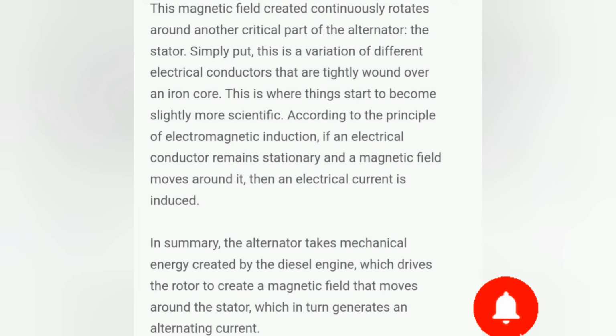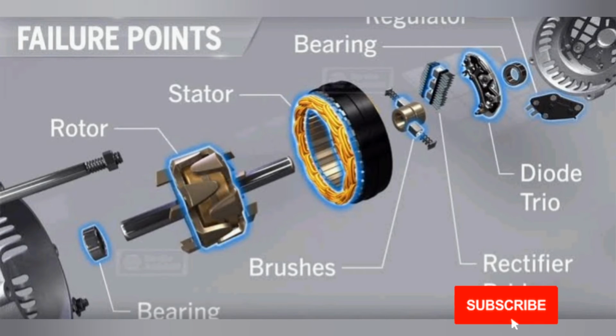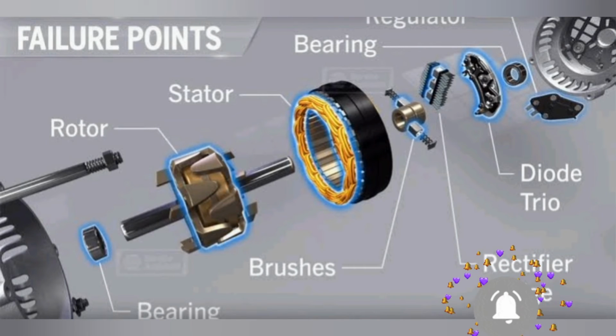Due to this iron core, the magnetic field induces current in the conductor. Finally, the mechanical energy created by the diesel engine drives the rotor, which creates the magnetic field, and this is converted into electrical energy. So this is the main functioning and main concept of diesel generators, and this is the main part of the diesel generator.